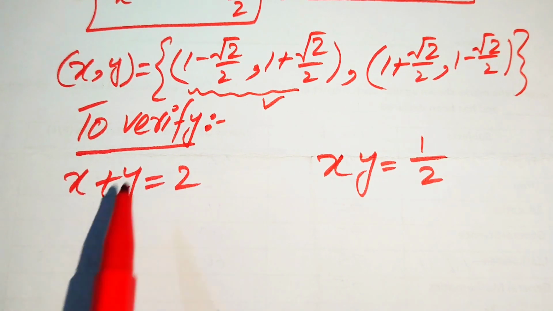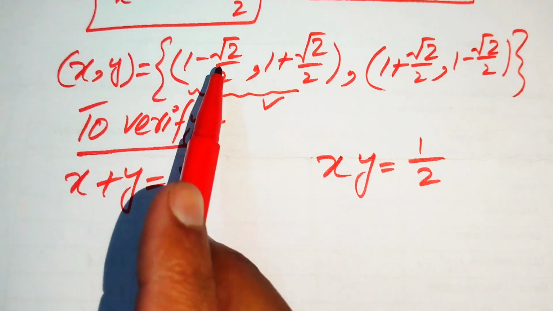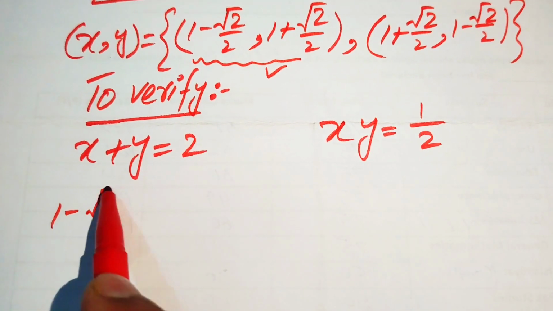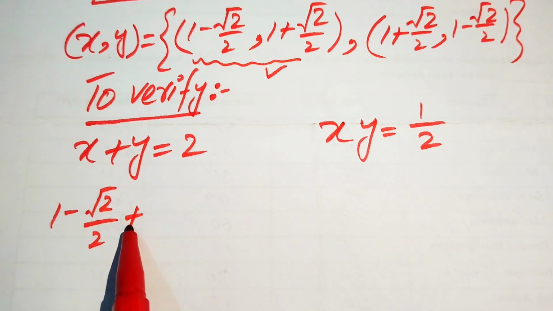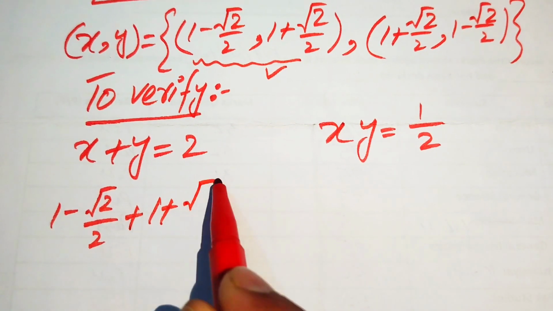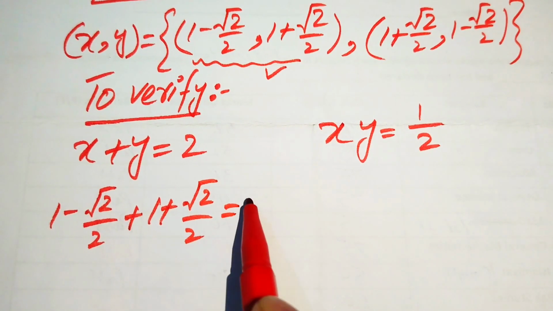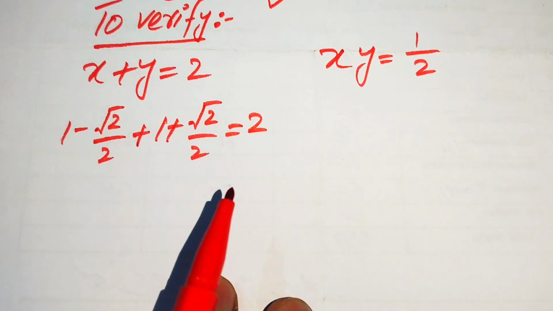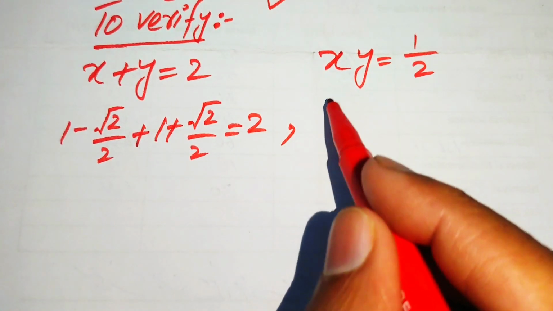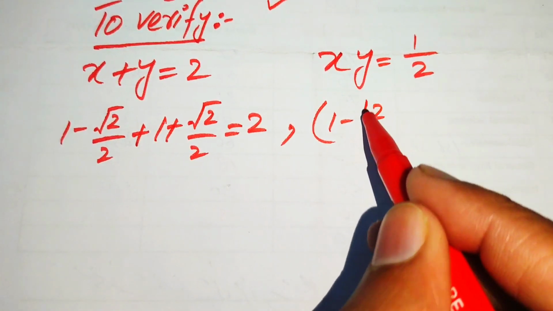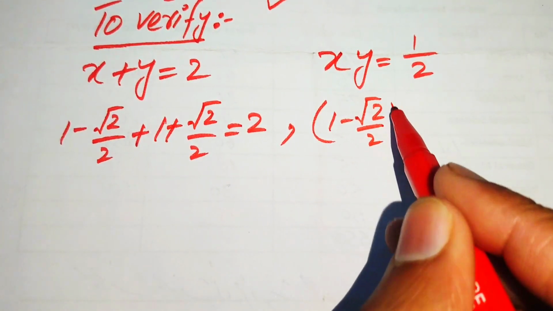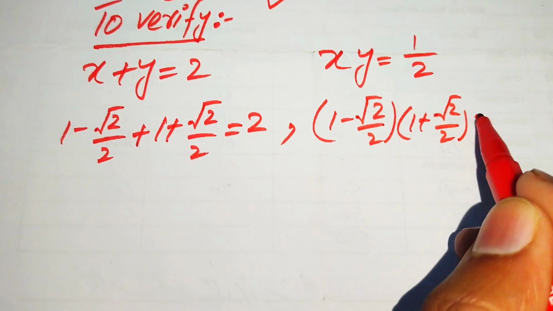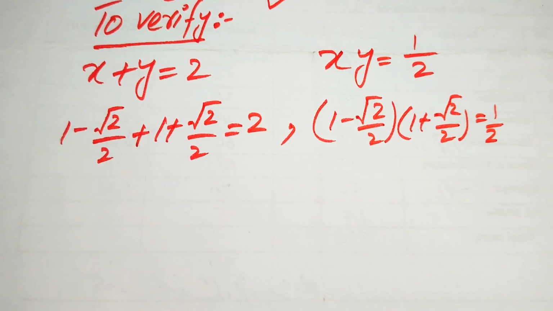Okay, so here we have the value of x is 1 minus square root of 2 over 2. We substitute this value here, and it becomes 1 minus square root of 2 over 2 plus 1 plus square root of 2 over 2 equals 2, and (1 minus square root of 2 over 2) into (1 plus square root of 2 over 2) equals 1 over 2.